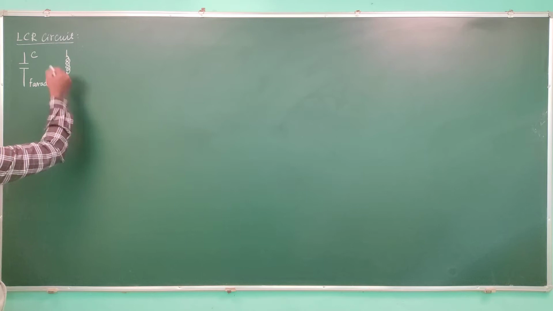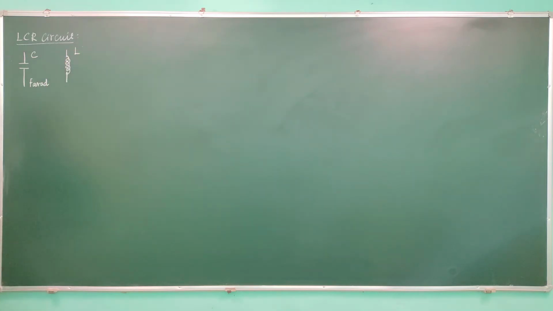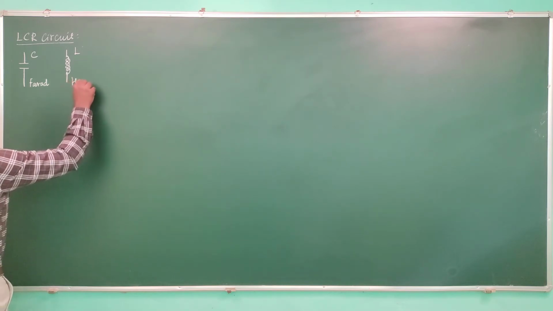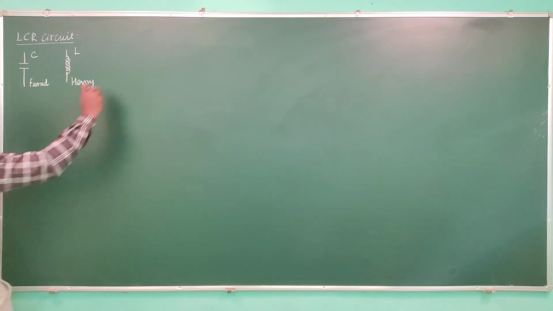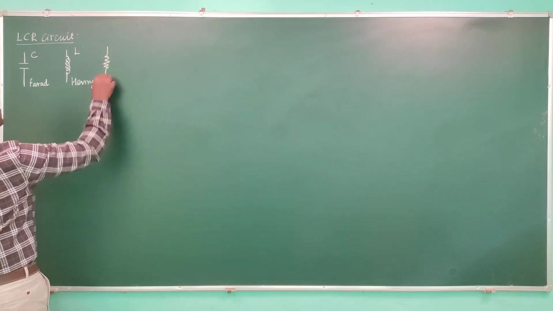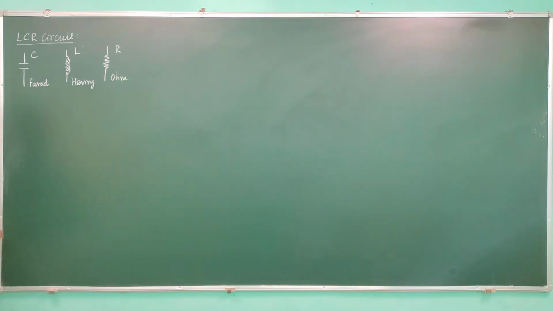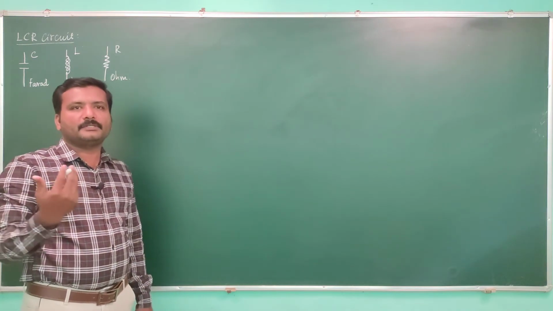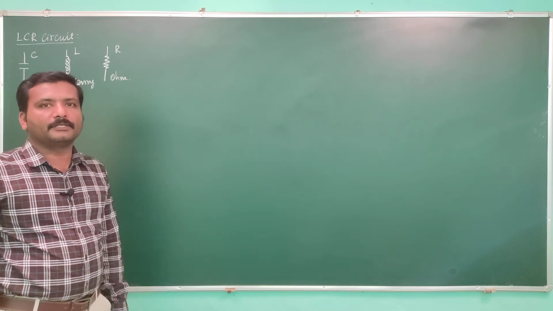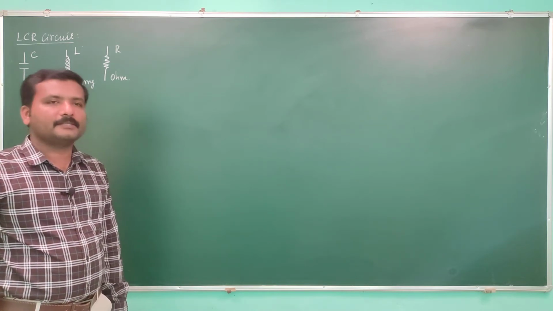Then this is inductor, denoted by the letter L. It is because the scientist named Lenz, who has done some research on inductance, and the unit is Henry, and the resistance, the unit is ohm. A circuit consisting of these three electrical components is called LCR circuit.